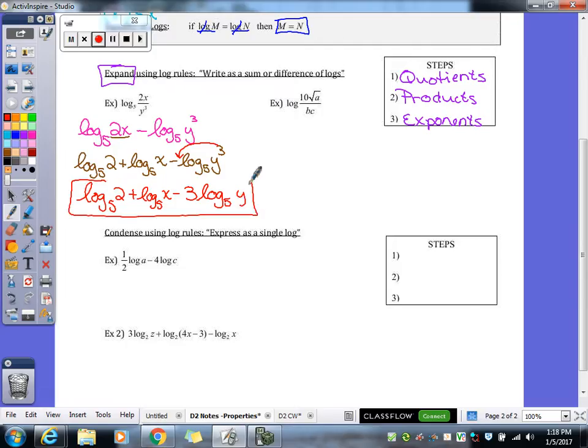That is our expanded form. So it's really not that bad as long as you go step by step through them.